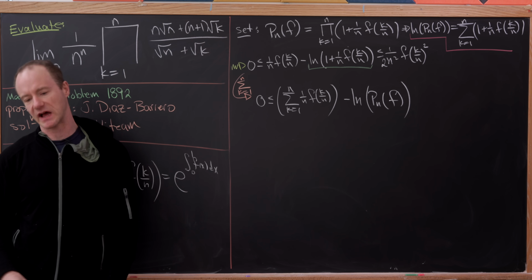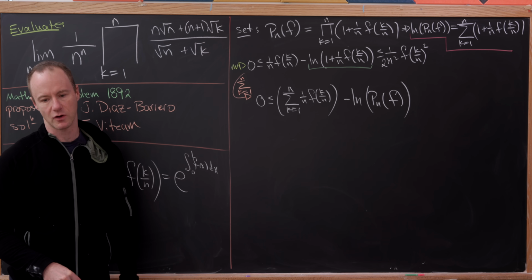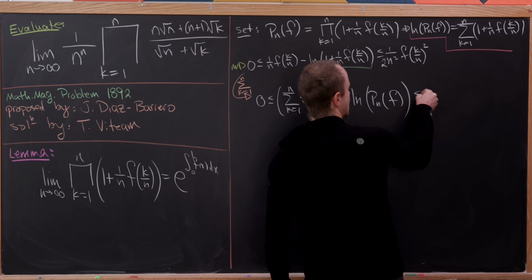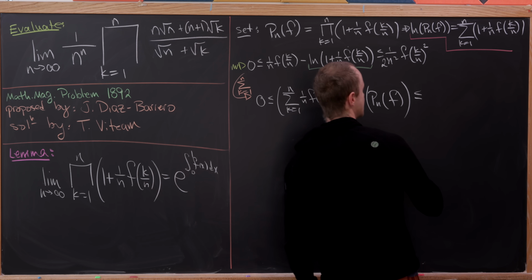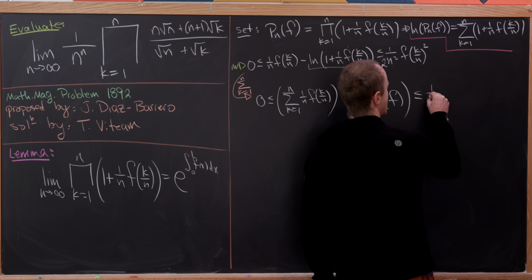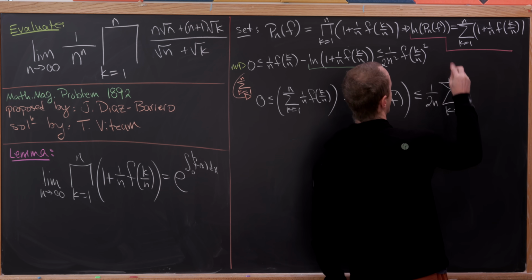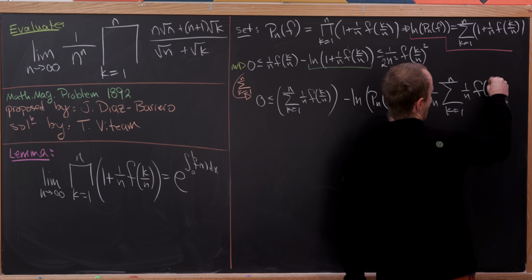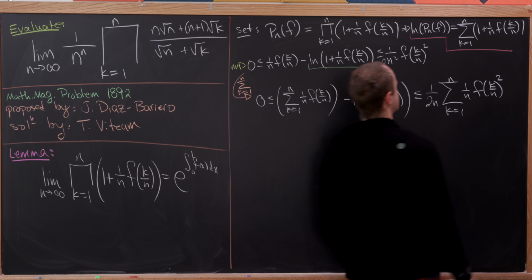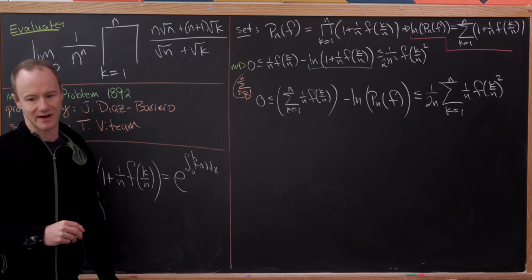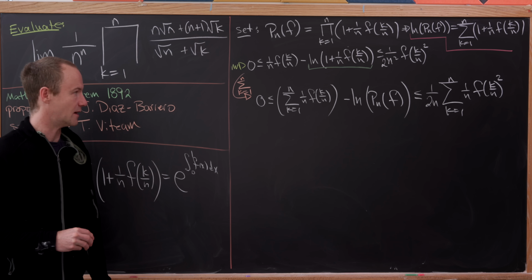I think I missed it on the last board as well because we had an x squared over 2. So let's sneak that back in here. And then we'll sum that from 1 to n. So that's going to leave us with a 1 over 2n, and then the sum as k goes from 1 to n of 1 over n f of k over n squared. So notice I split those n's in the denominator inside and outside the sum.